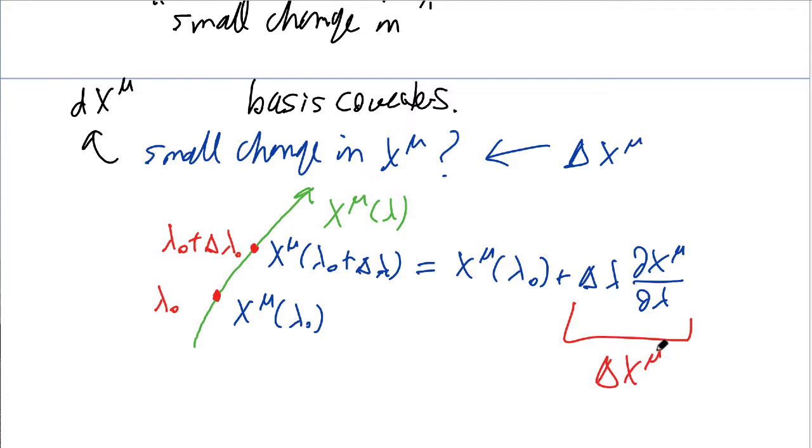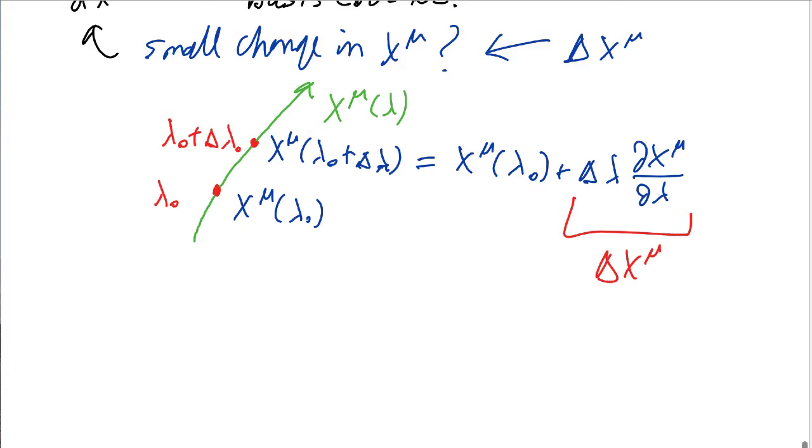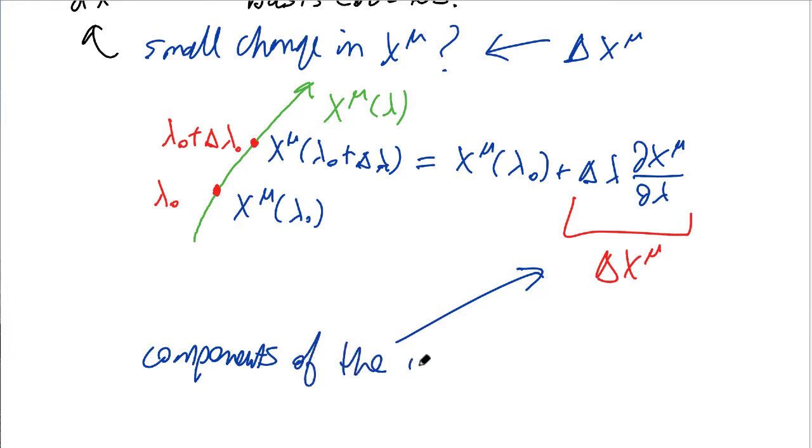So this is delta x mu. And how do we interpret this mathematically? This is just the components of a vector. These are the components of the vector that's delta lambda times the derivative operator d by d lambda.